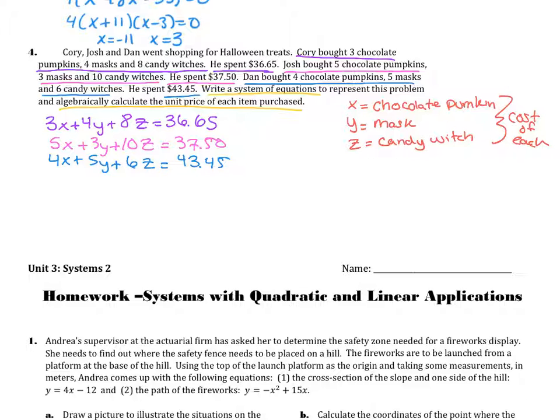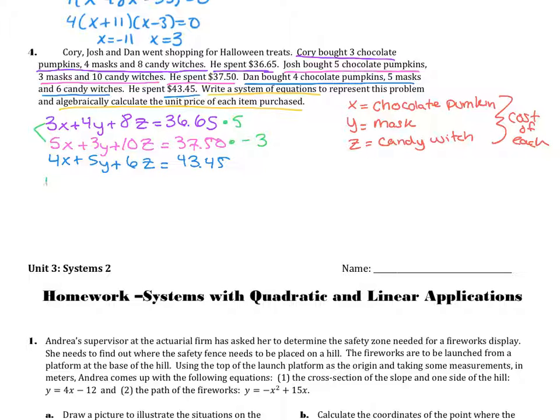When I look at all of these, my smallest numbers lie within x or y, so I'm going to eliminate one of those first. So maybe I'm going to eliminate x. To do that, I'm going to multiply the first equation by 5 and my second equation by -3.